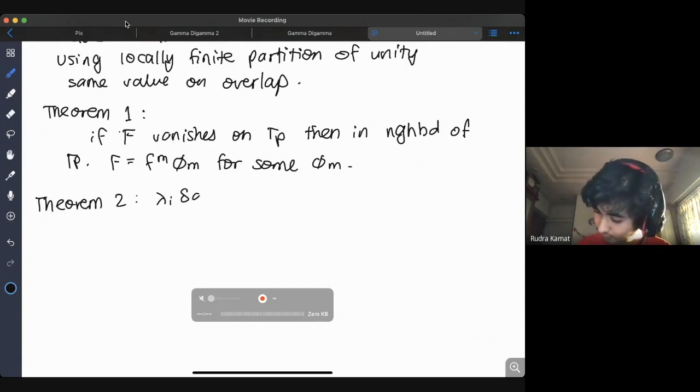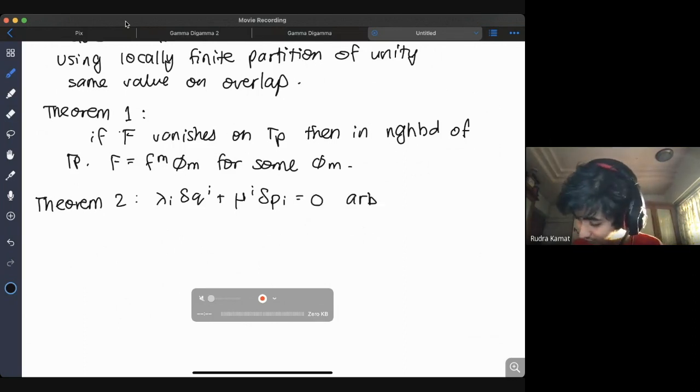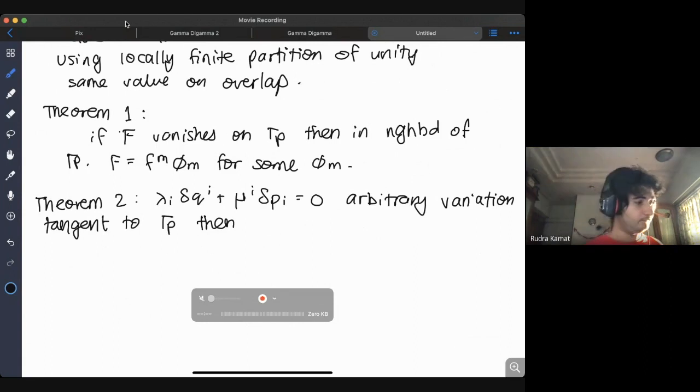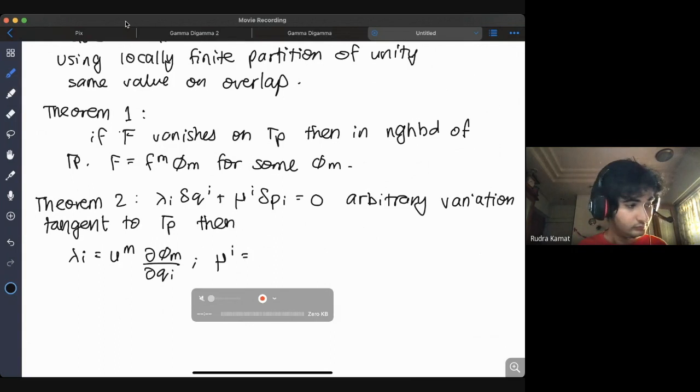So lambda_i delta q_i plus mu_i delta p_i is 0, where these are arbitrary variations tangent to gamma sub p, then lambda_i is partial phi_m partial q_i, and mu_i is partial phi_m partial p_i.